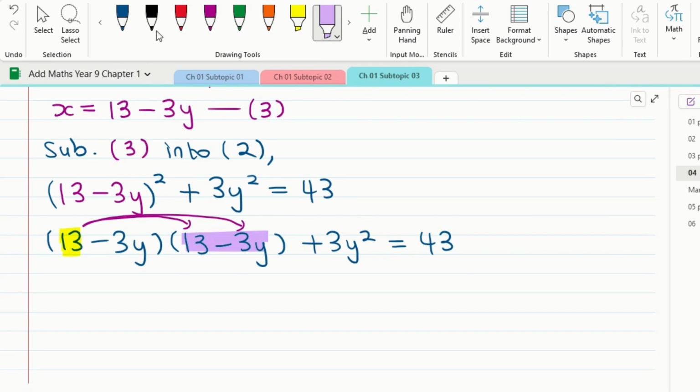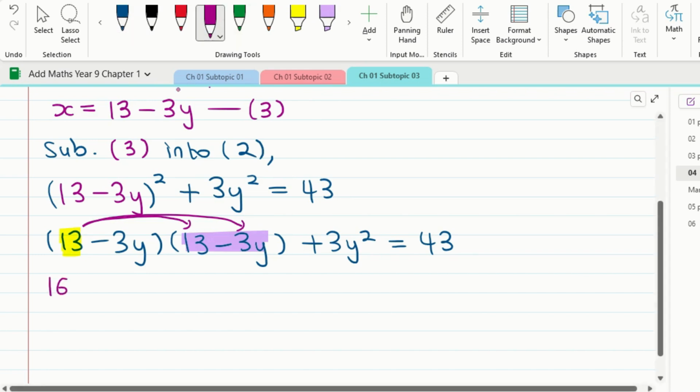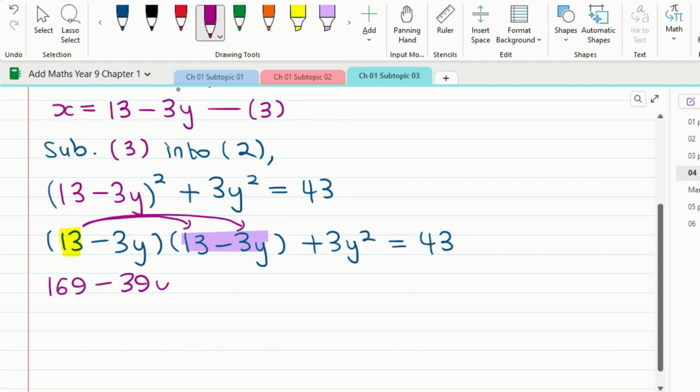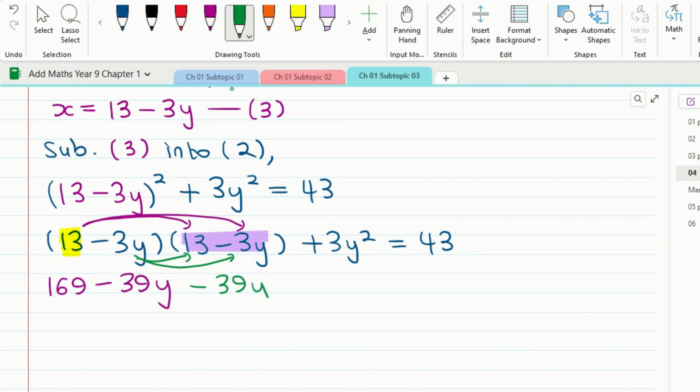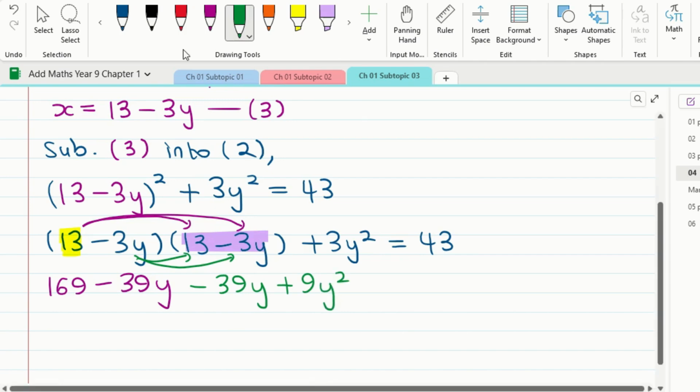So 13 times 13 is 169, and 13 times negative 3y is negative 39y. You do the same thing for the second term in the first bracket, negative 3y. Negative 3y times 13 gives you negative 39y, and negative 3y times negative 3y is plus 3 times 3, 9, y times y is y squared.